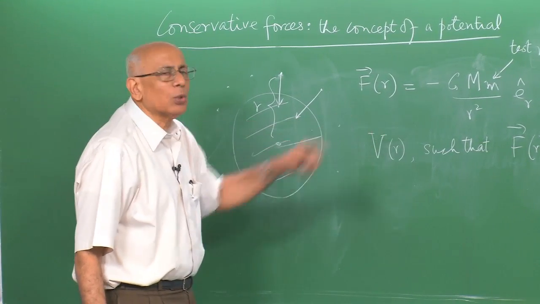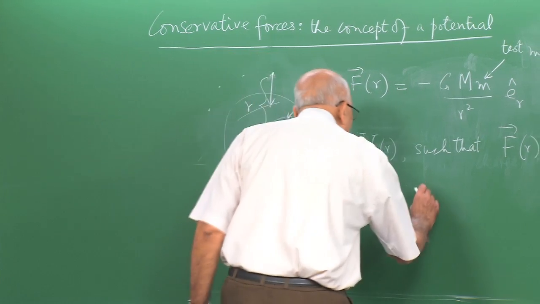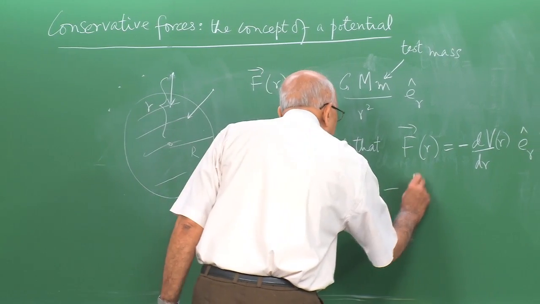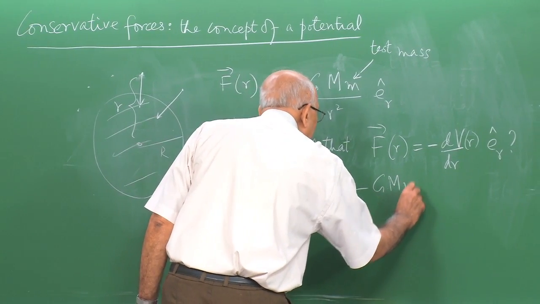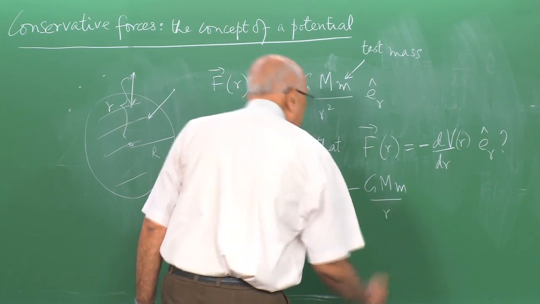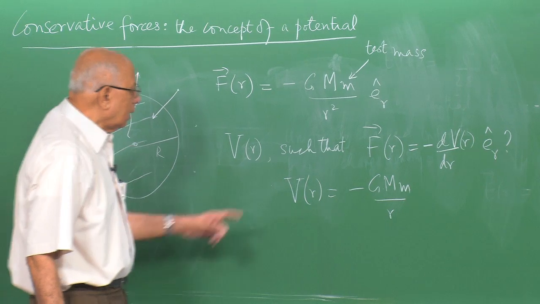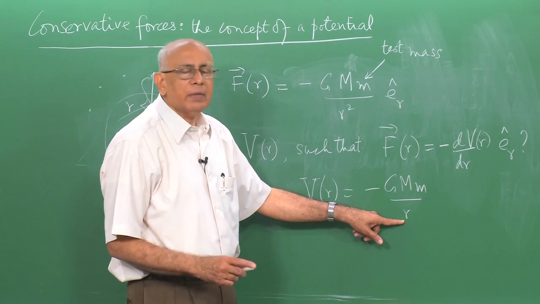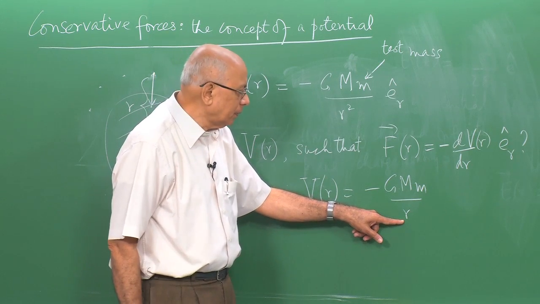And inspection shows you that you can, because if I choose V of r equal to minus G M m over r and nothing else, then when I differentiate this quantity, because I have 1 over r, the derivative is minus 1 over r squared.